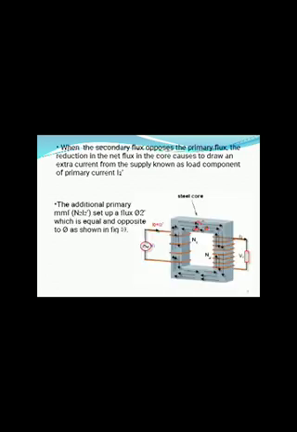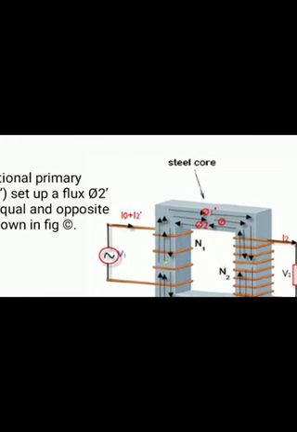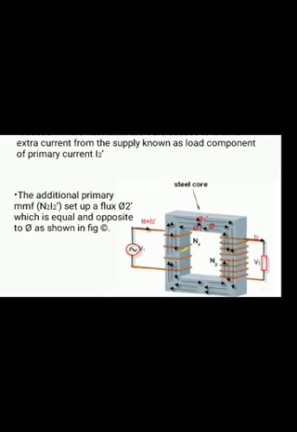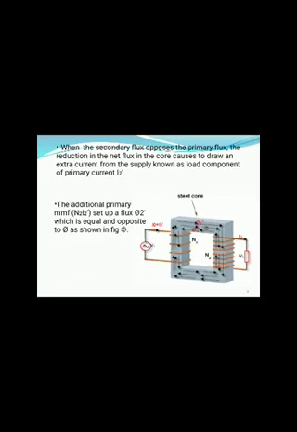When the secondary flux φ2 opposes the primary flux, there is a reduction in the net flux in the core.